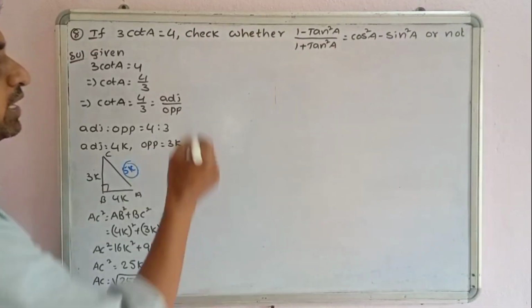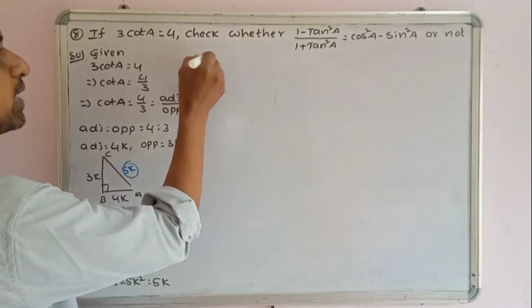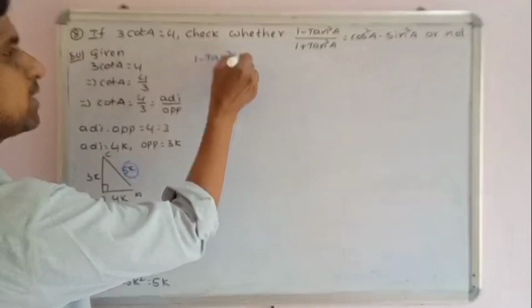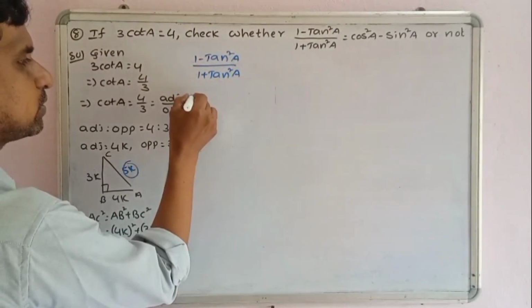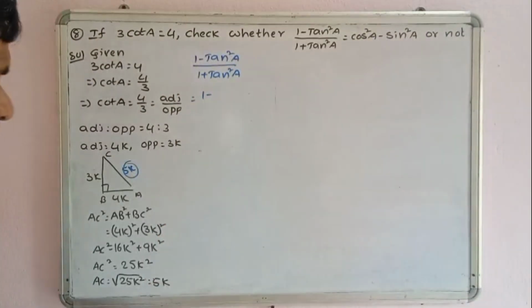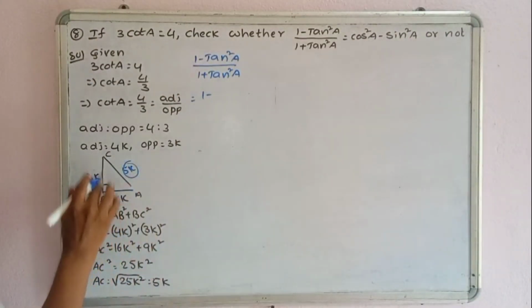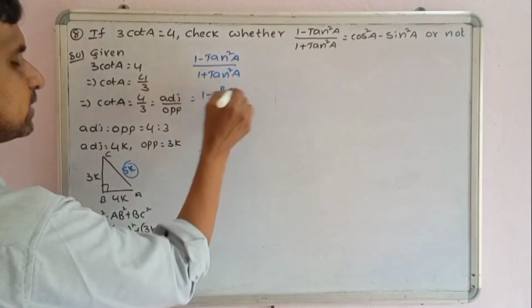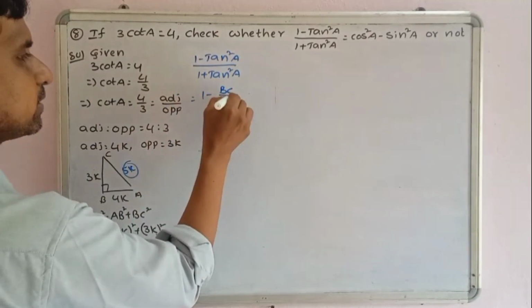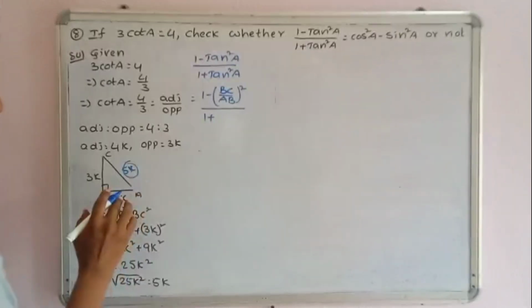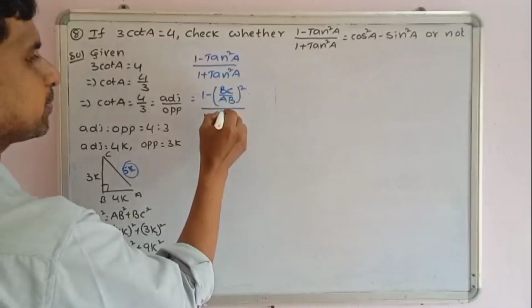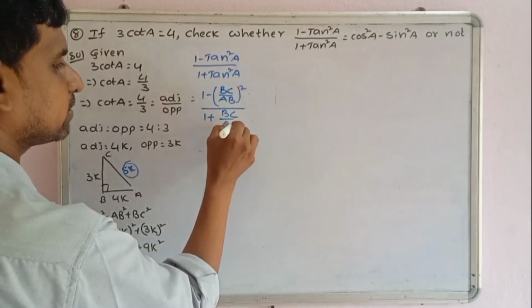Okay, now we will prove whether LHS is equal to RHS or not. So for LHS, what is LHS here? 1 minus tan square A by 1 plus tan square A. The tan A definition is side opposite to A by side adjacent to A. Side opposite to A is BC, side adjacent to A is AB. So tan A is BC by AB.